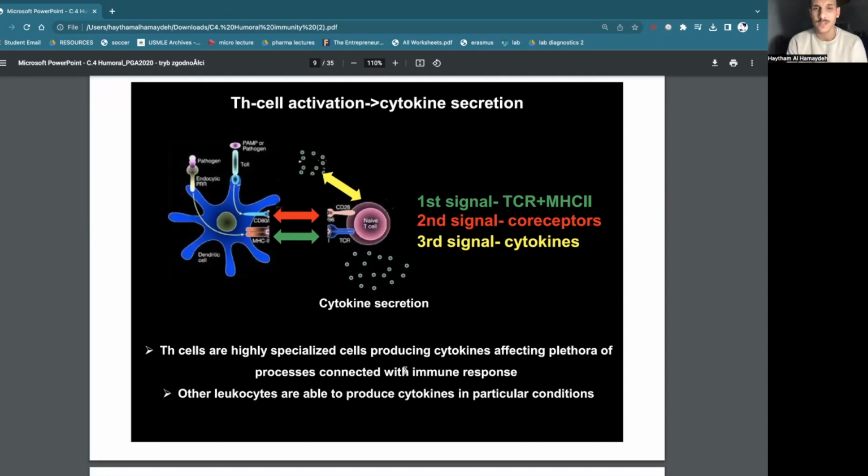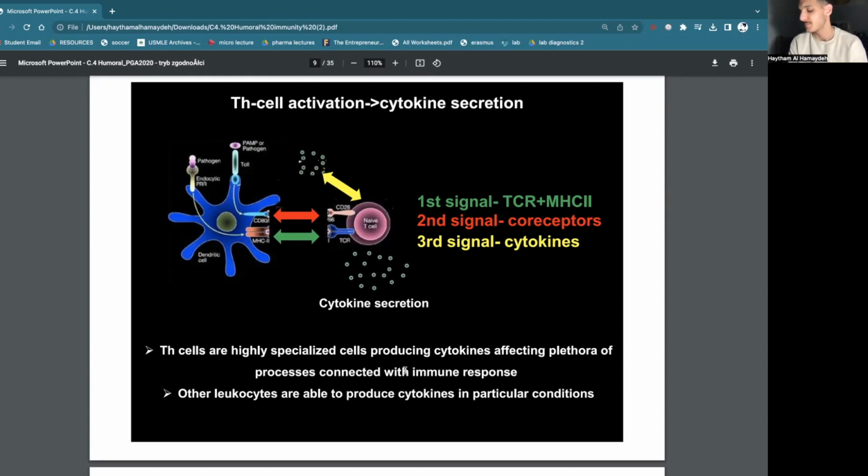So the first signal between the naive T cell and the antigen-presenting cell is when they shake hands using the TCR from the T cell and an MHC2. If an antigen-presenting cell uses MHC2 to shake hands with the TCR of the T cell, this means that the cell is going to be a T helper cell.